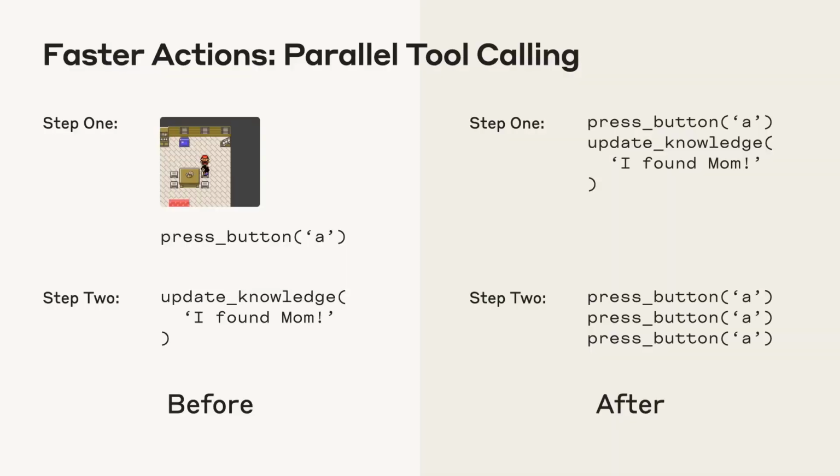It can say, I'm going to talk to mom, I'm going to update my knowledge base, I want to advance the dialogue 6 times by pressing A 6 times because I'm bored talking to mom. This saves you time, it saves your customers time, it speeds up how agents work, and it will make agents work more effectively for your customers, who won't have to wait around for redundant tool calling and calls to Claude.